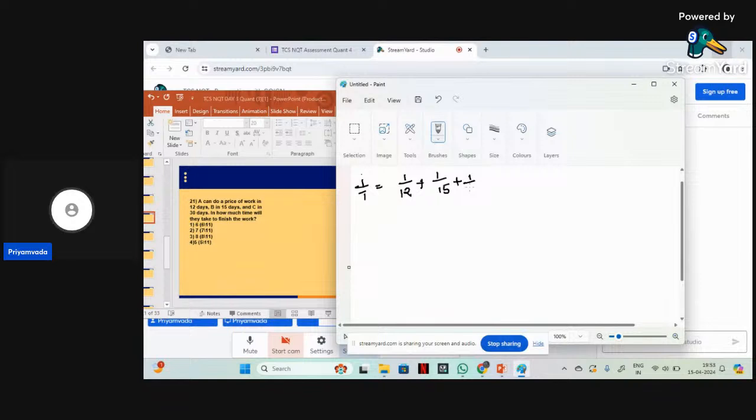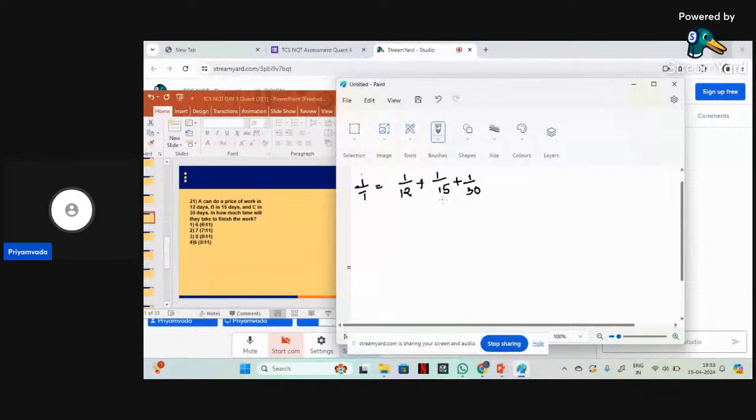Whenever you have an LCM to take, it will be a very big task for you. What I'd suggest is to take the common numbers. Here 15 and 30 are the commons. I'll keep 1 by 30 as 1 by 30 and write 1 by 15 as 2 by 30, because we'll get the same denominators for both.